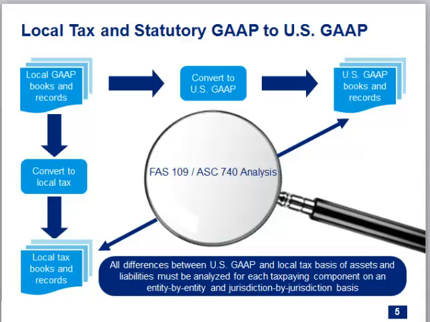And so the purpose of this diagram is, when you're thinking of the US GAAP provision over here, what normally happens is the local country starts by keeping their books in local GAAP. And there are lots of different local accounting systems.